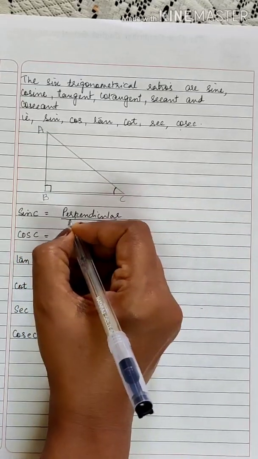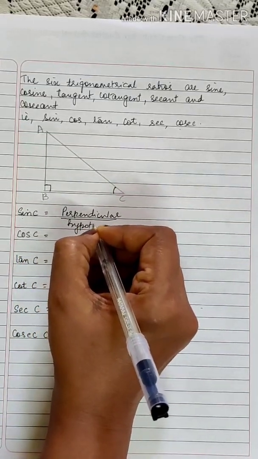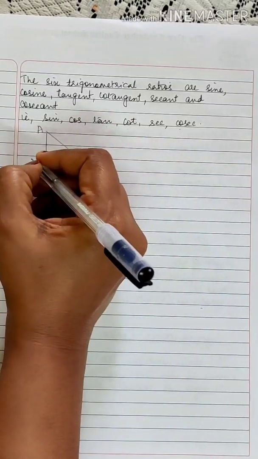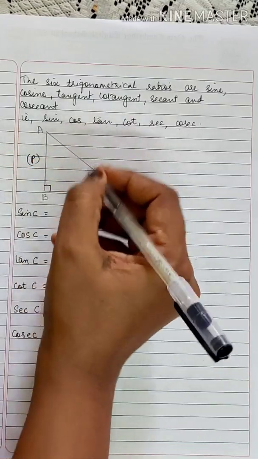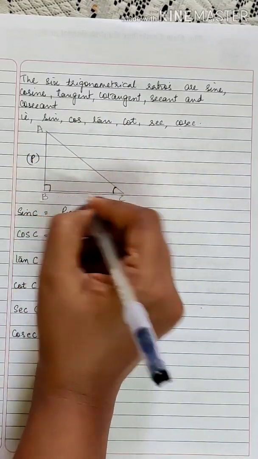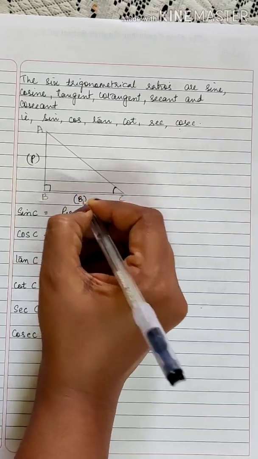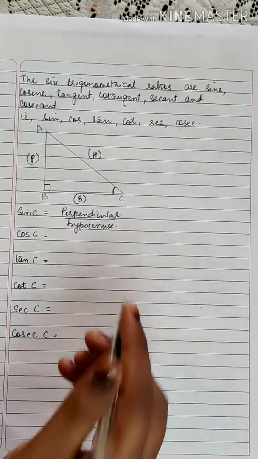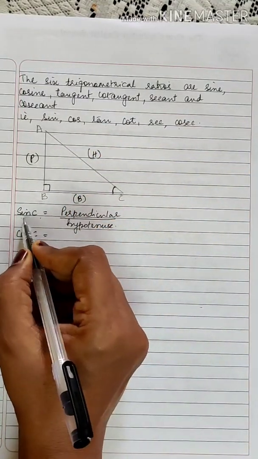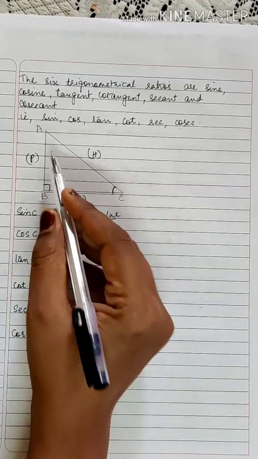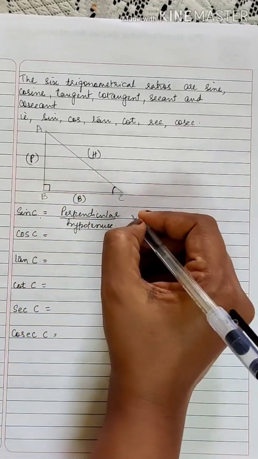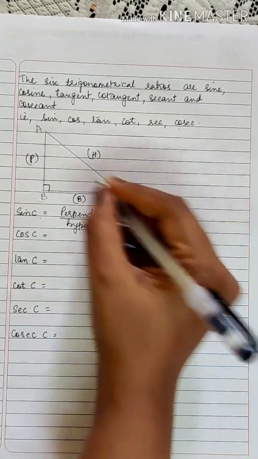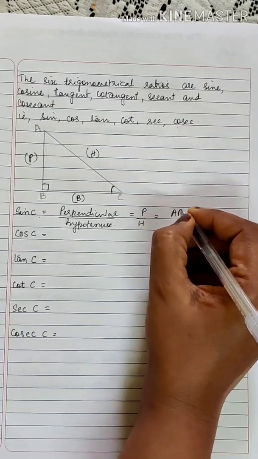With reference to this angle C, AB is your perpendicular, and the side which is adjacent, that is BC, is your base, and obviously AC is the hypotenuse. So, sine C is equal to perpendicular by hypotenuse, that is P by H or AB by AC.